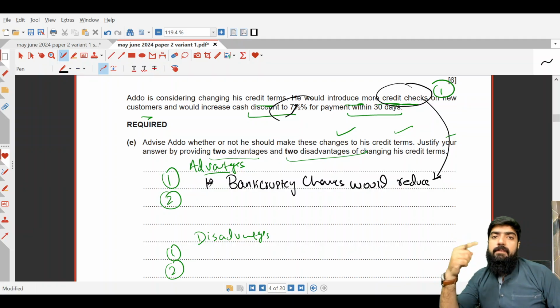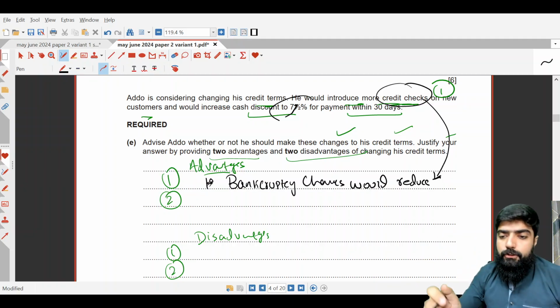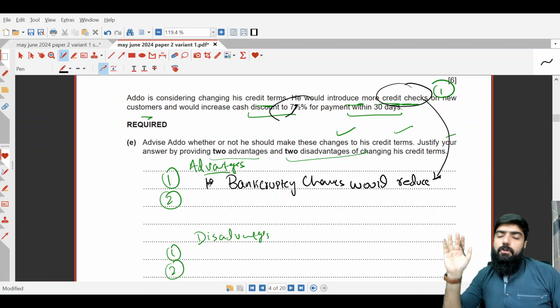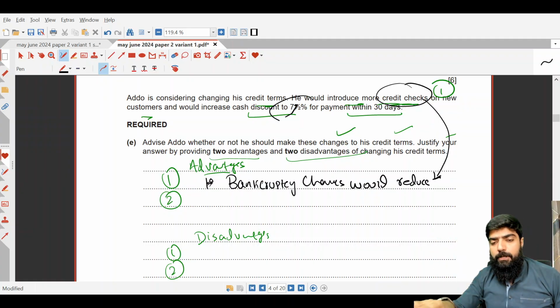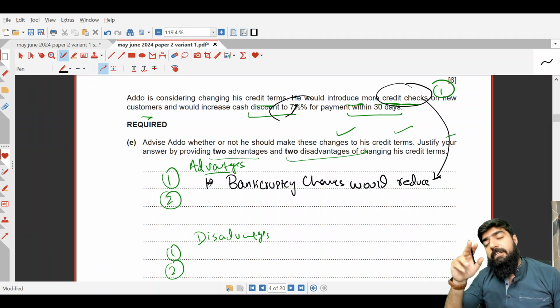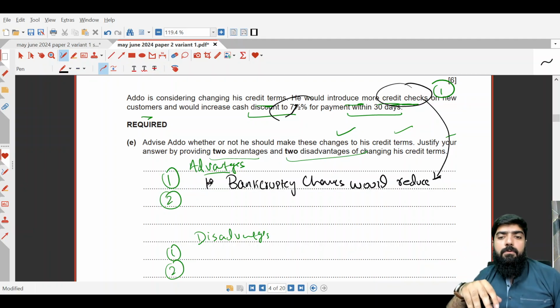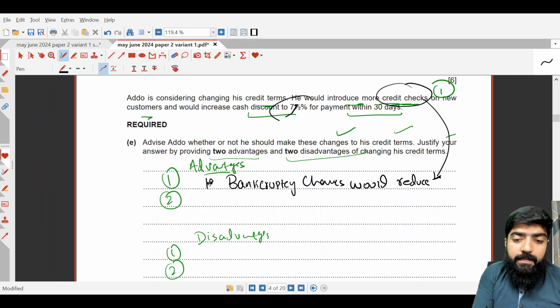Number one, they will increase the credit check. Number two, they will increase the discount percentage. If they increase the credit check, obviously the chances of bankruptcy would be lower. And if they increase the cash discount, obviously the customer will pay earlier. They will receive the amount earlier.